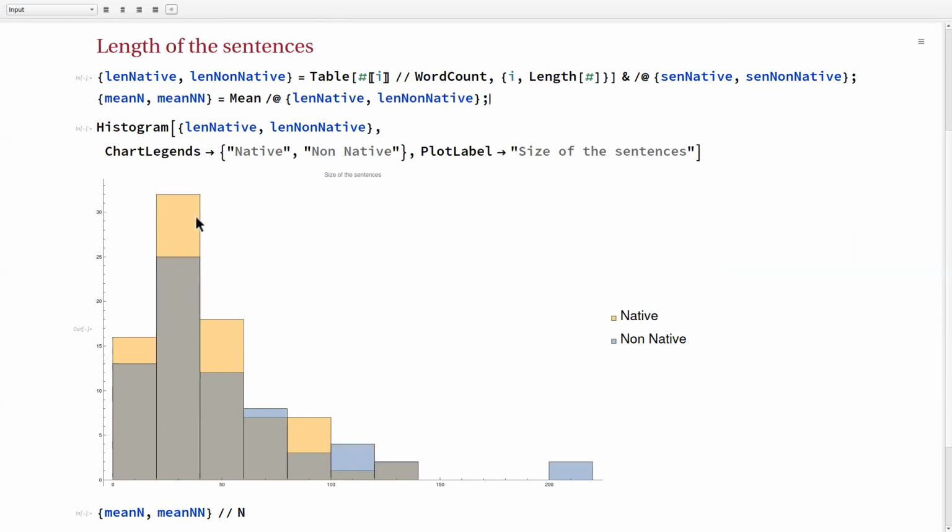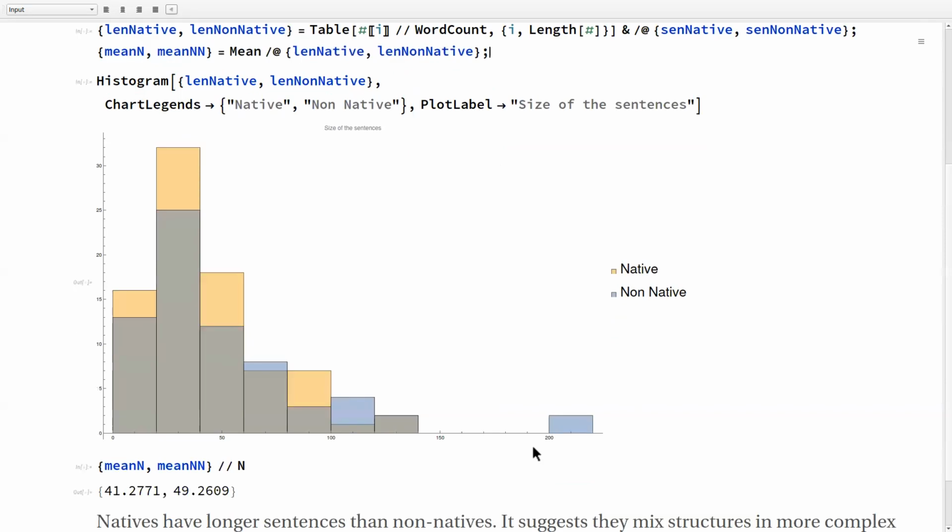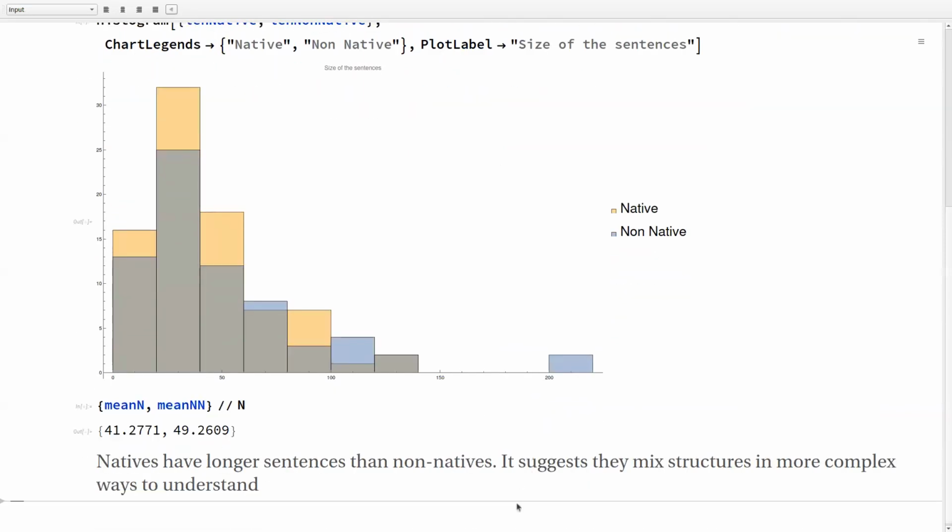So we can see that, for example, here the length of the sentences created by native people are larger than sentences created by non-native people. So in conclusion, sentences made by natives could be harder to understand. Why? Because they are larger. They have more content.